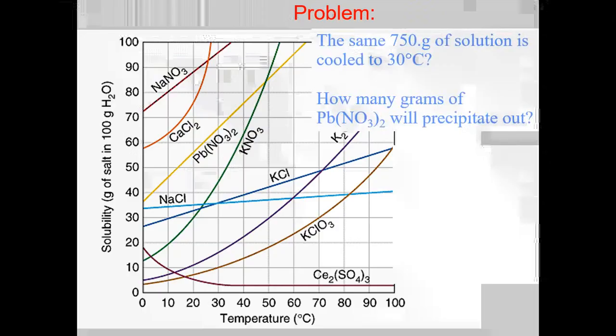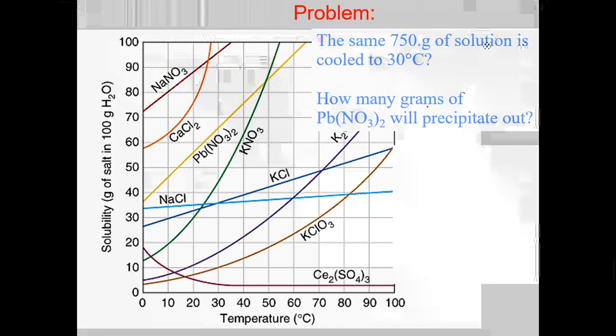Next one, take the same 750 grams of solution, and I'm going to cool it down to 30 degrees Celsius. So what's going to happen? Well, you should know that I'm going to have a different solubility.